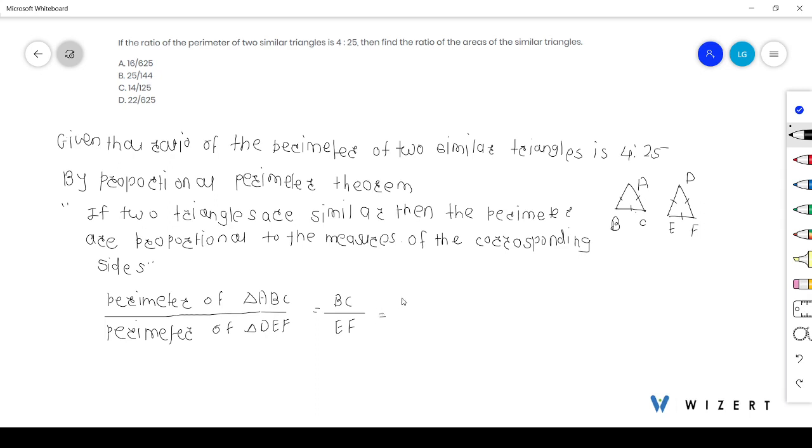So here we have given the ratio of the perimeters of the triangles is 4:25. Now we have to find the ratio of the areas of the similar triangles.